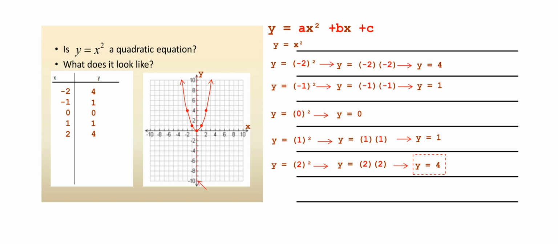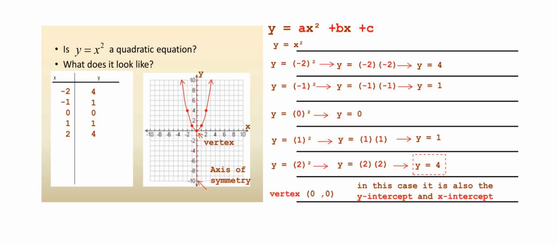Let's realize we have an axis of symmetry. In this case, it's the y-axis. It's where our y values repeat on the left side and the right side of it. And we can actually see it via our calculations as well. We also can notice there's a vertex, the low point. The vertex in this case is located at 0, 0.